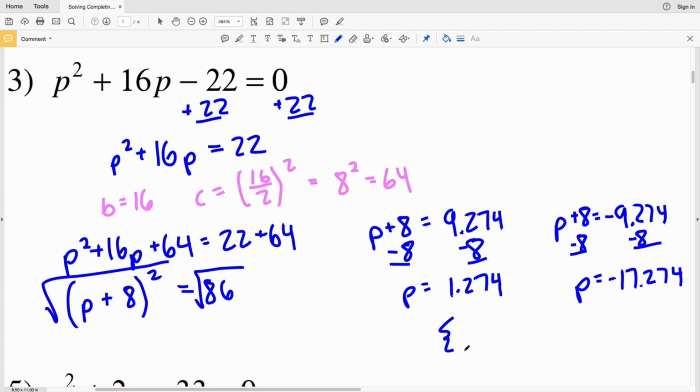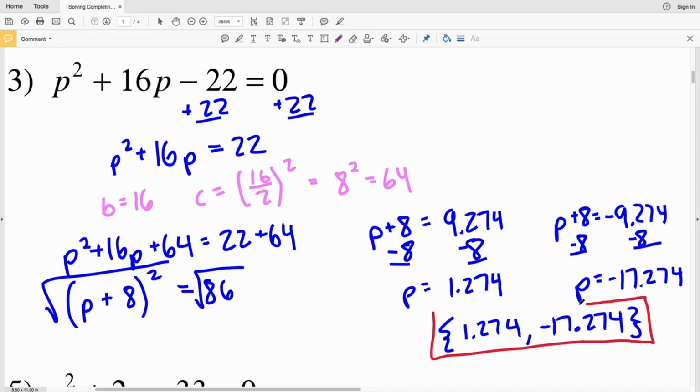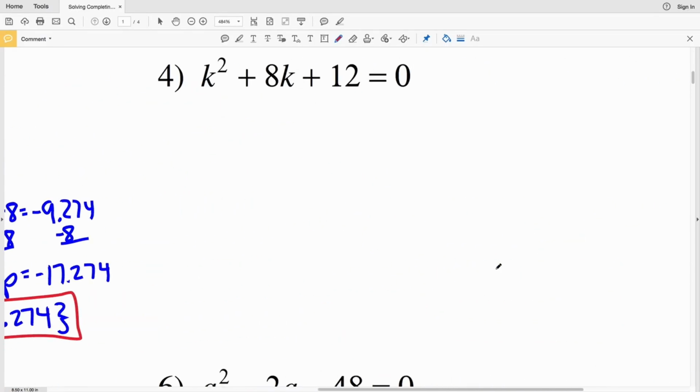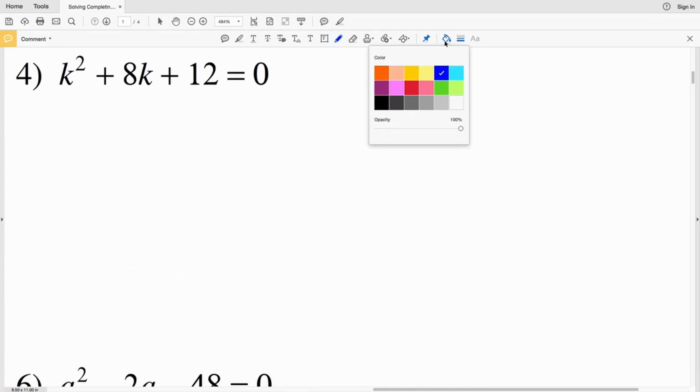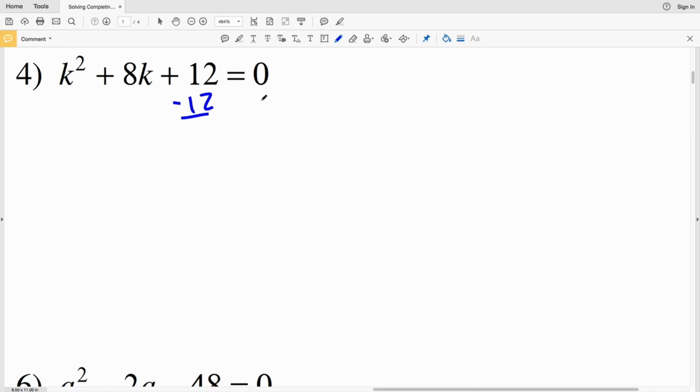So my solutions for number 3 are 1.274 and negative 17.274. Those are my solutions when I solve by completing the square. And if you want to double check, feel free to use the quadratic formula, and you will indeed get the same solution.